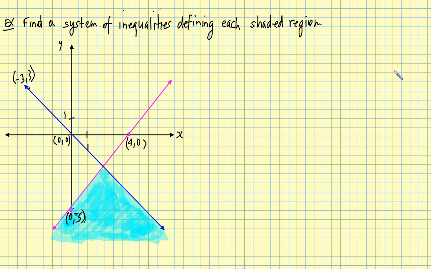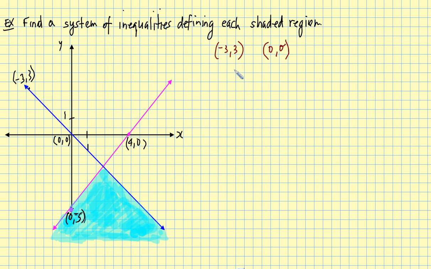Okay. The next one, we need to find the system of inequalities here by defining each shaded region. So what we're going to do is quickly pick two points from each line, and we'll get the equations of the lines. So for the first one, I've got -3 and 3, and I also have 0 and 0.